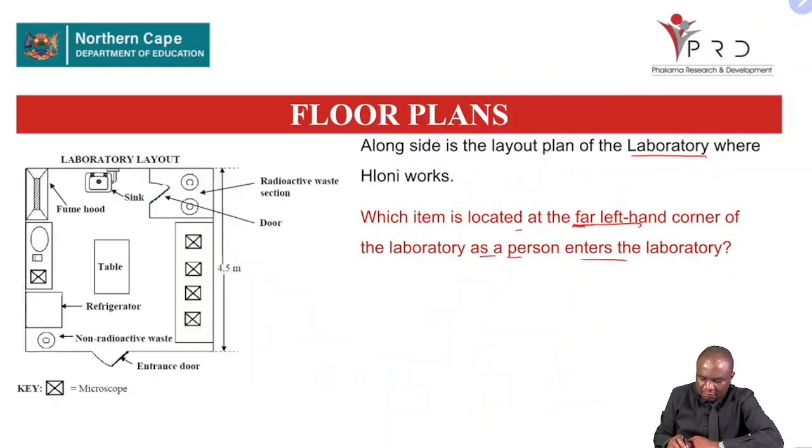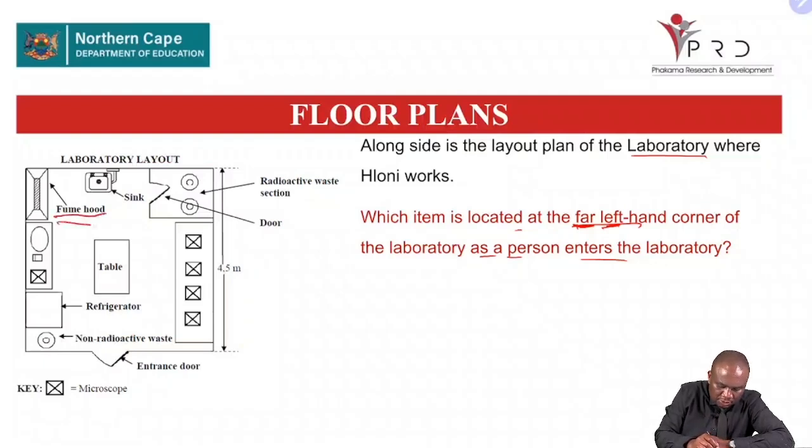There are two things here: it should be far and left, far left hand corner, and it should be at the corner. So which is it? The fume hood. This one is the far left hand corner. Let's not forget to pause the video when I give you the question, and try the question before I explain.